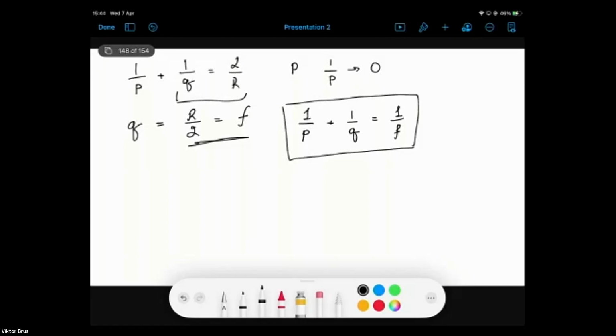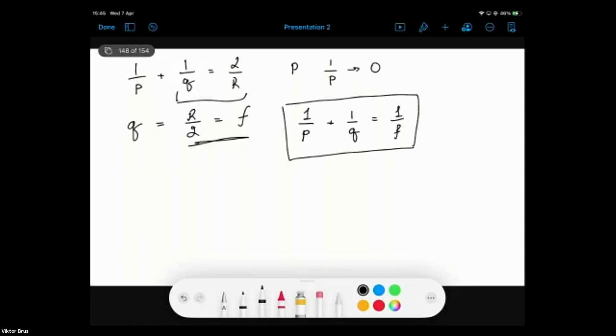So here is the table, and we discuss all possible combinations. For instance, object distance p is considered positive when the object is in front of the mirror, so we have a real object. Then negative when the object is in back of the mirror, a virtual object. We will consider this concept of virtual object a bit later when we discuss images formed by lenses.